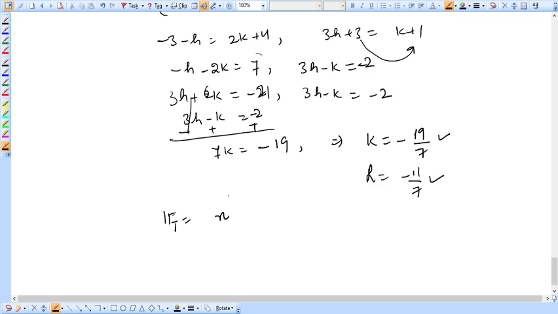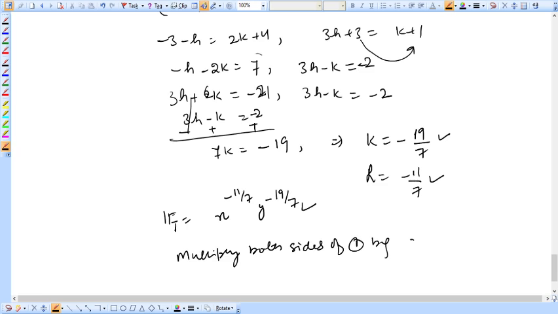So therefore the integrating factor is equal to x raised to power minus 11 by 7 and y raised to power minus 19 by 7. Okay, so now multiply both sides by 1 over x raised to power 11 by 7, y raised to power 19 by 7.